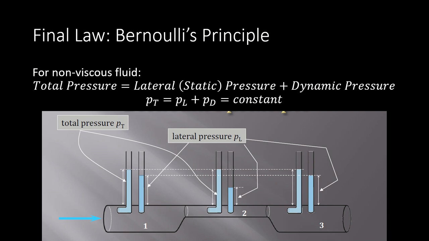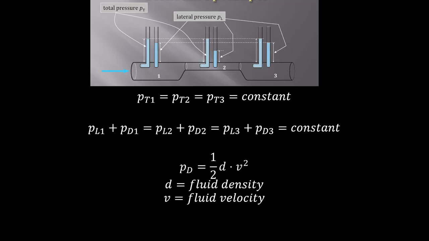The last law we'll talk about is the Bernoulli principle, and this is for non-viscous fluids only. This says that the total pressure is equal to the lateral static pressure plus the dynamic pressure, or P_T will always be some combination of P_L plus P_D, and that will be a constant.